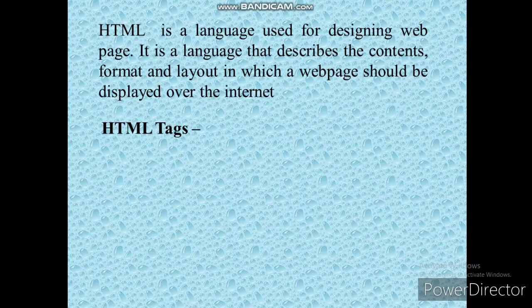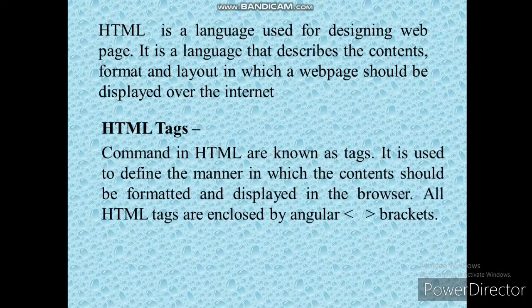HTML tags. Commands in HTML are known as tags. The commands which are used in HTML are known as tags. They are used to define the manner in which the content should be formatted and displayed in the browser. HTML tags define how the content of the web page is formatted and how the content is displayed in the web browser.